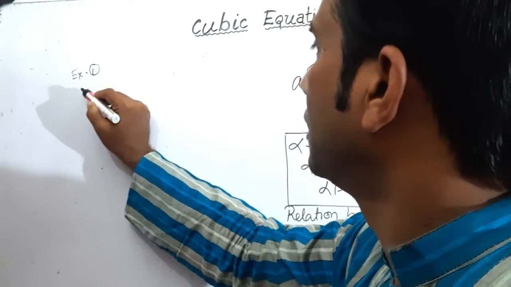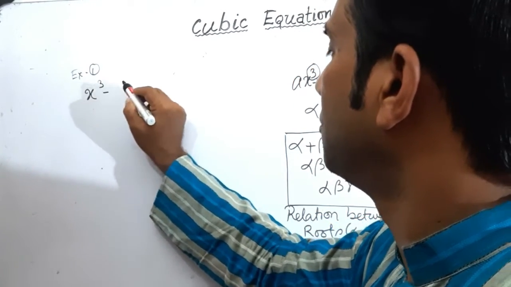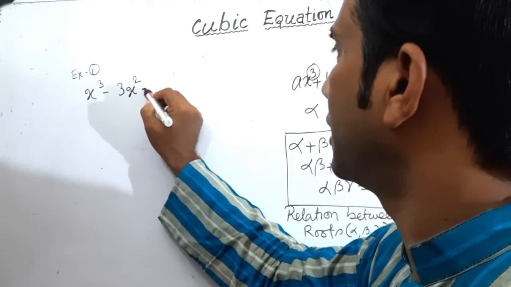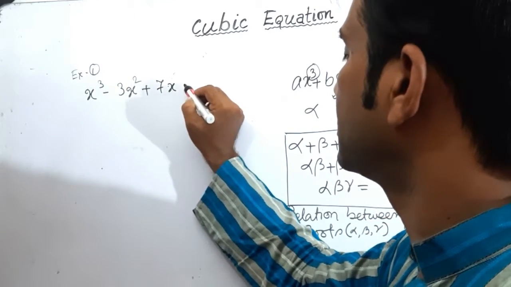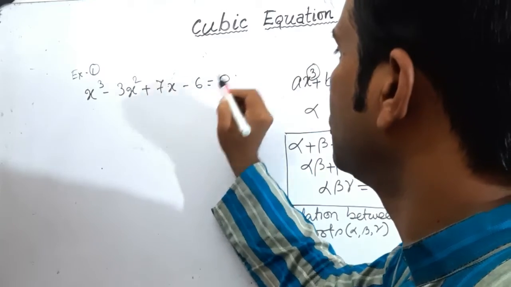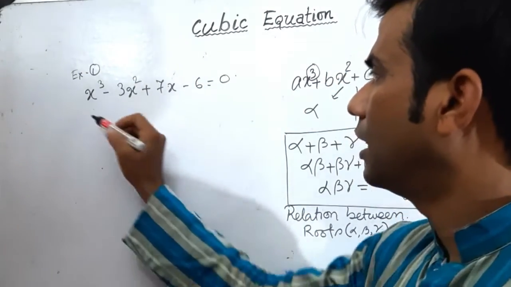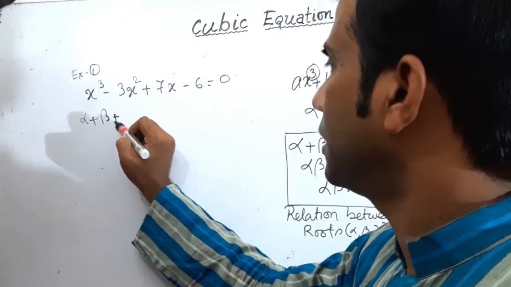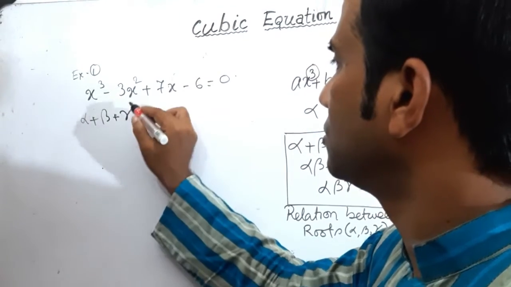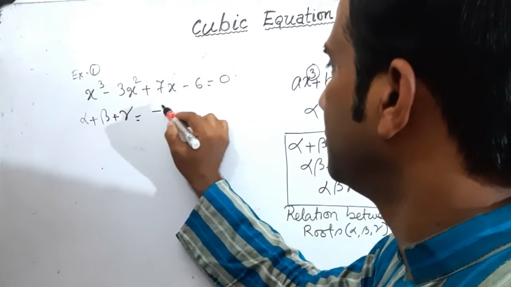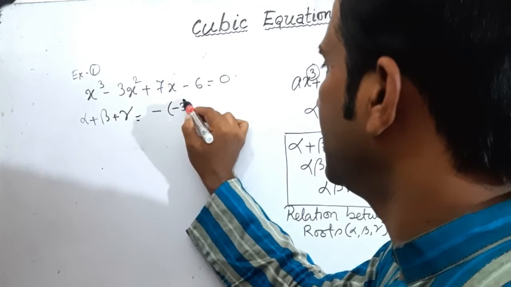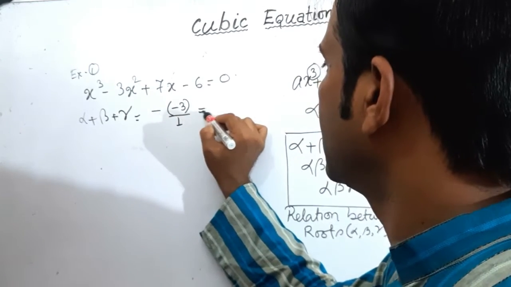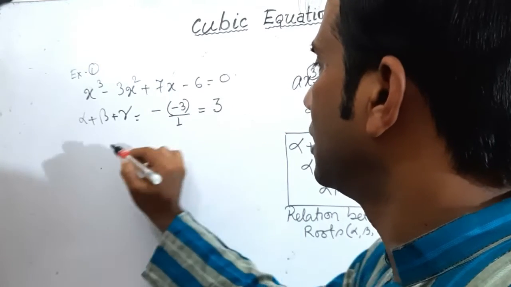Example 1: x³ - 3x² + 7x - 6 = 0. Then alpha + beta + gamma is equal to -b/a, means -(-3)/1, that is 3.